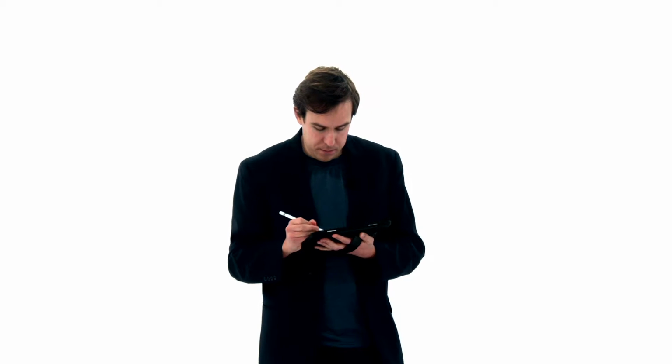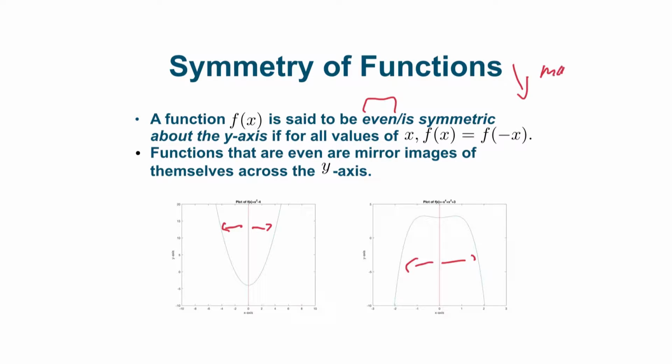What are some examples of functions that do exhibit even symmetry? So many even degree polynomials have this type of symmetry. And that's not so hard to remember. Even symmetry, even degree polynomial.